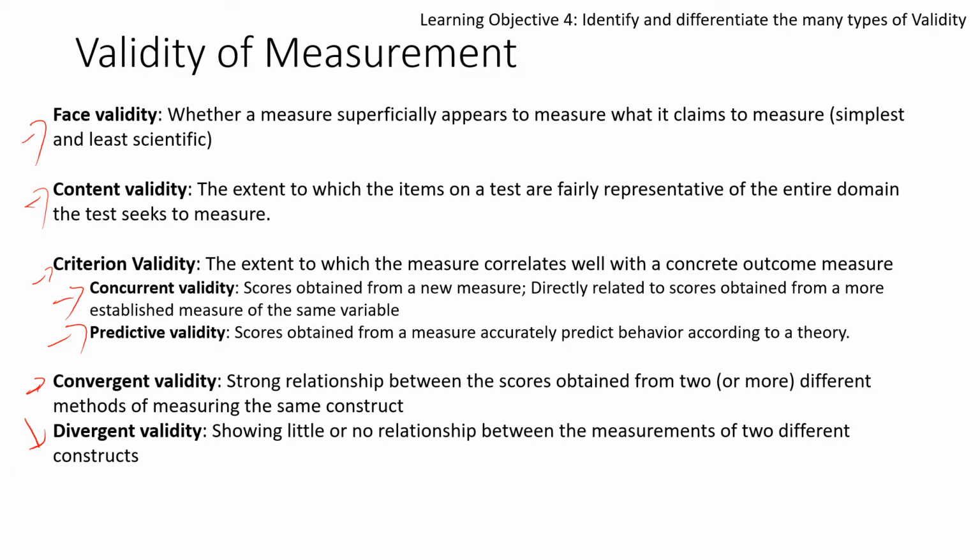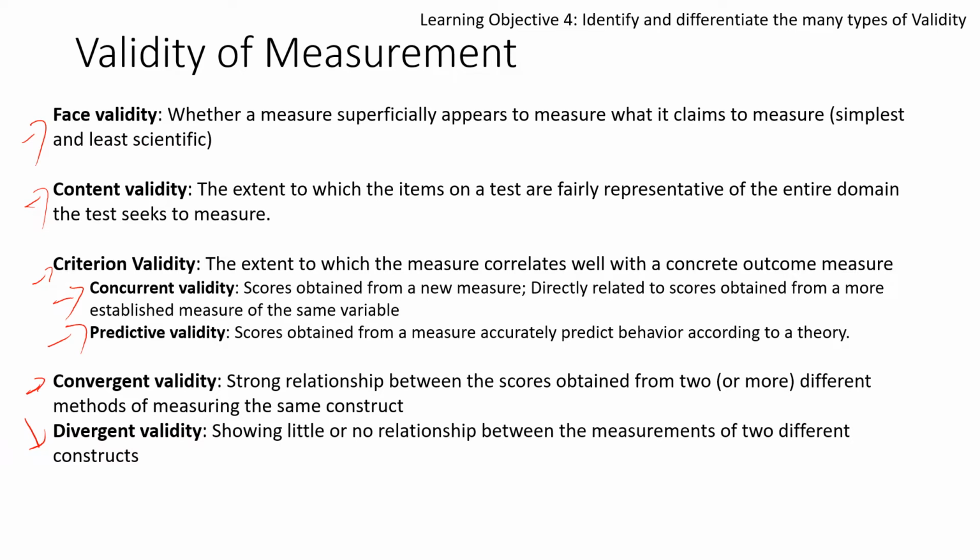You're trying to make a construct that is just that low grade depression. Divergent validity would be high if you showed that your measure was showing that low grade depression as different than the high grade depression. So there's two different constructs, high grade depression and low grade depression.